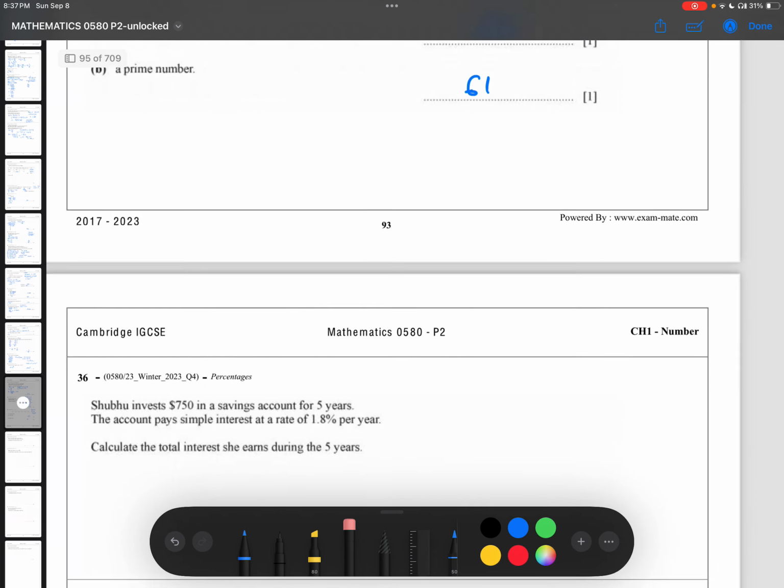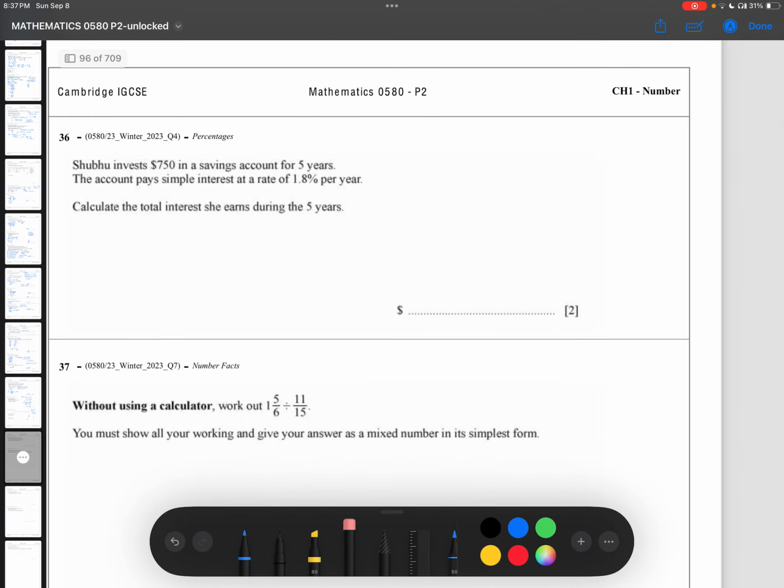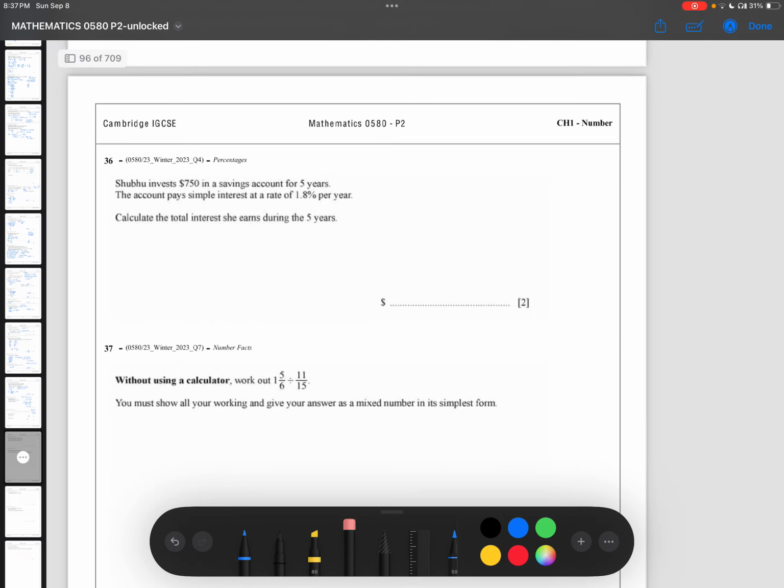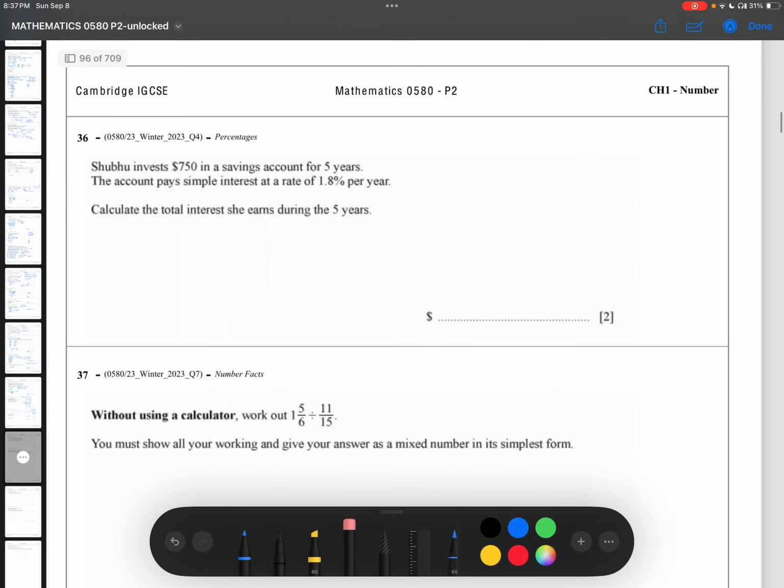Let's move to question number 36. It says Shubhu invests $750 in a saving account for 5 years. The account pays simple interest at a rate of 1.8% per year. Calculate the total interest he earns during the 5 years. So the question says the simple interest.